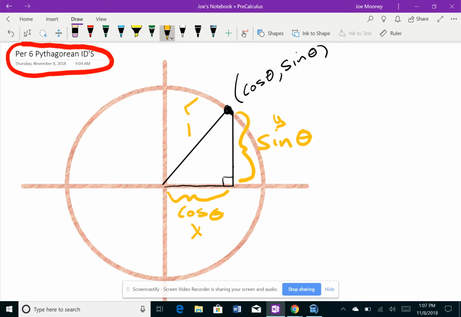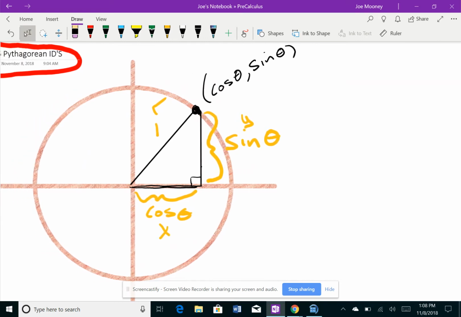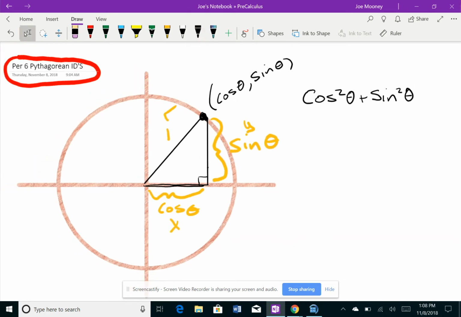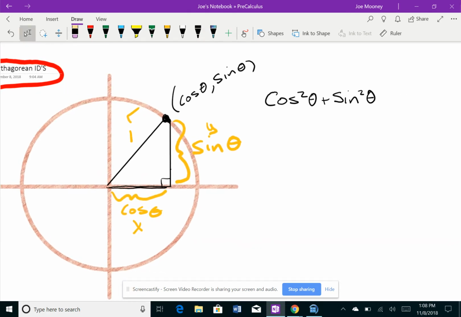All right, so Pythagoras says leg squared plus leg squared is hypotenuse squared. So what we're saying is if I square the horizontal leg, that's saying cosine squared plus the other leg, so that's the vertical leg, sine squared, is equal to hypotenuse squared.